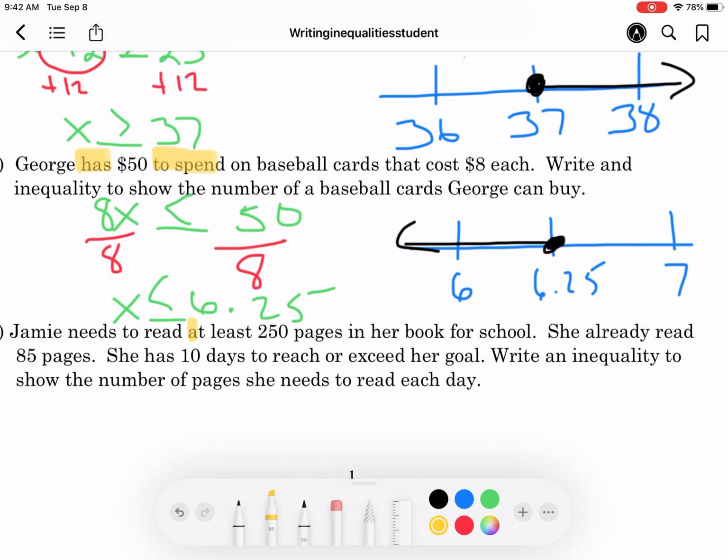She needs to read at least and to reach or exceed. Remember, exceed would mean be bigger than. Okay? So we know she has to read at least 250 pages. Okay, can she read more than that? Sure can. Now, she already read 85, plus she has 10 days to read some more pages.